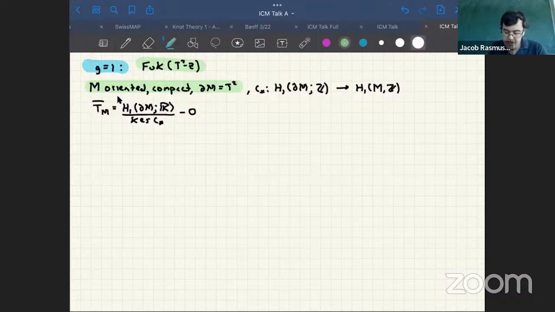To do that, let me first make a comment, which is that we're going to take a covering space of this T2 minus a point.